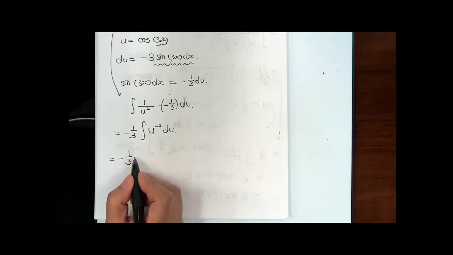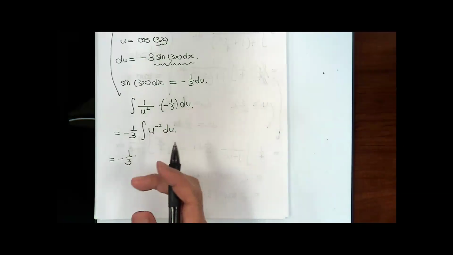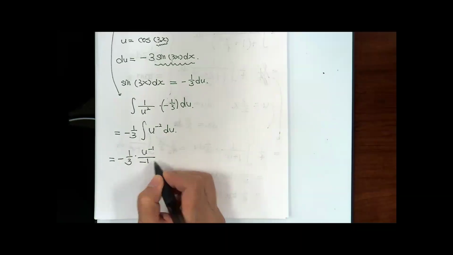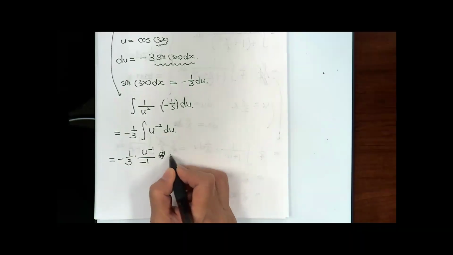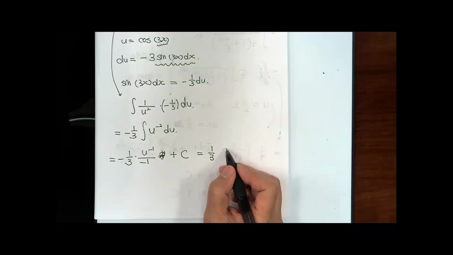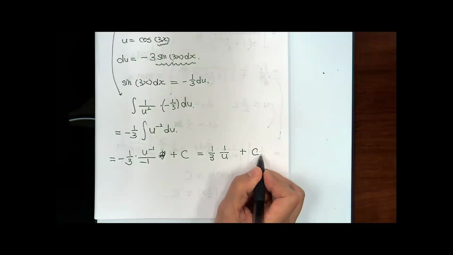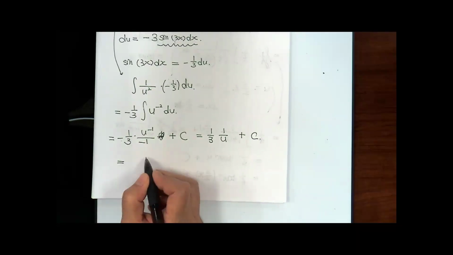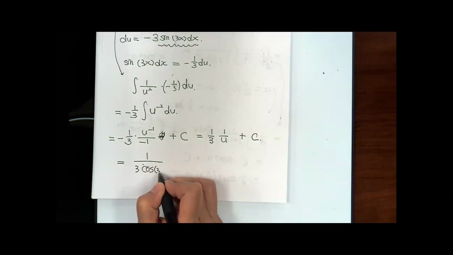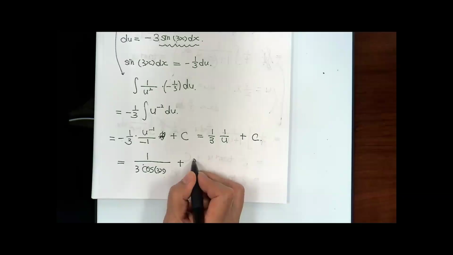We apply the integral formula, and we have to add 1 to the power, then that'll be u to the minus 1 over minus 1 plus c. So minus minus will make plus, and so we have just 1/3. U to the negative 1 power is 1 over u plus c. So that is 1 over 3 times cosine of 3x plus c.